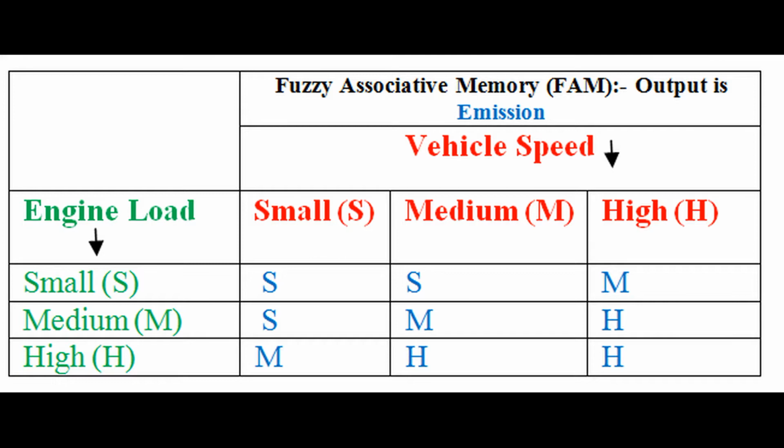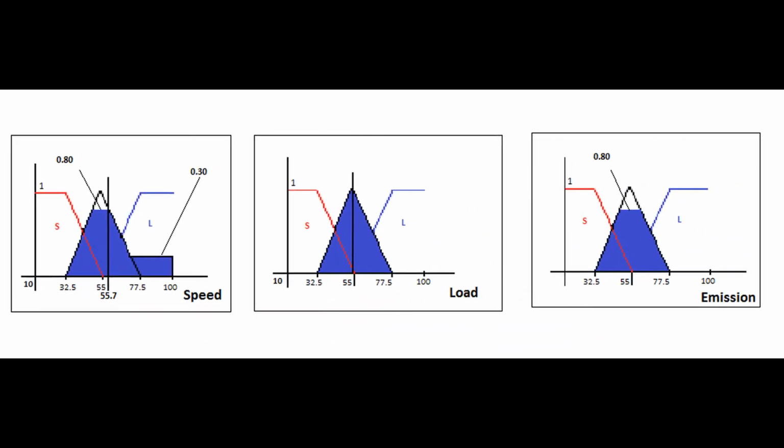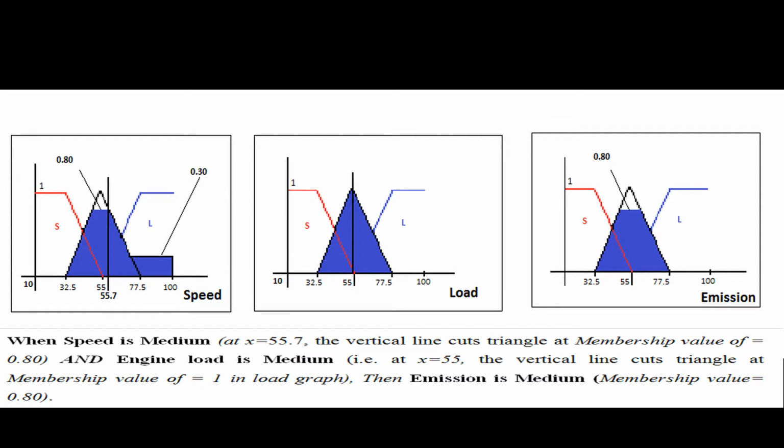So in this example, we have chosen speed equals 55.7 and engine load equals 55, in order to illustrate how 2 AND rules are fired for these 2 values. As you can see in the input graph of speed, rule number 1 is formed when speed is medium.